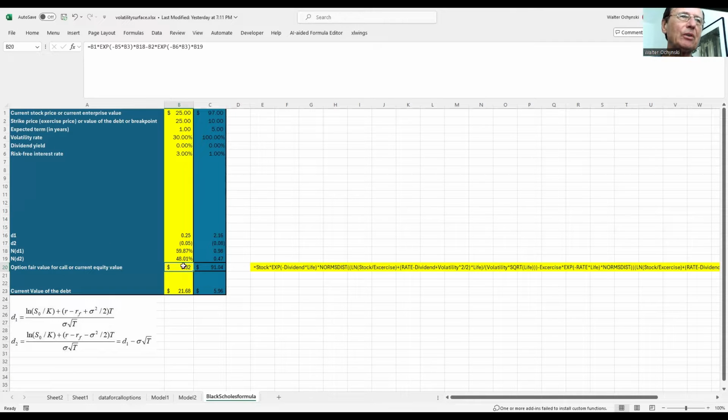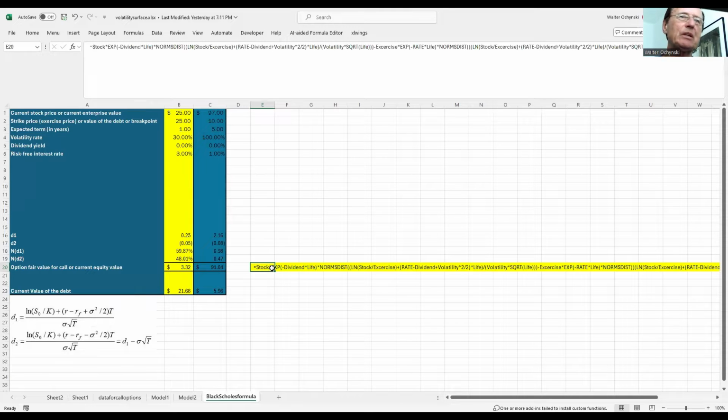I put the whole formula into one cell, and then I only need to enter the same information which you normally enter into the Black-Scholes formula, and then you can calculate the premium.